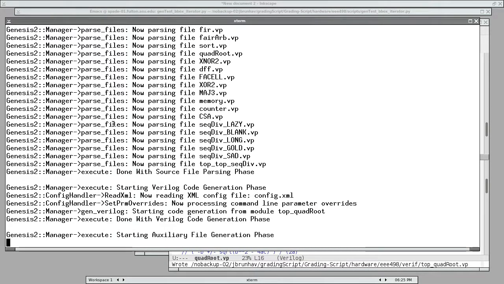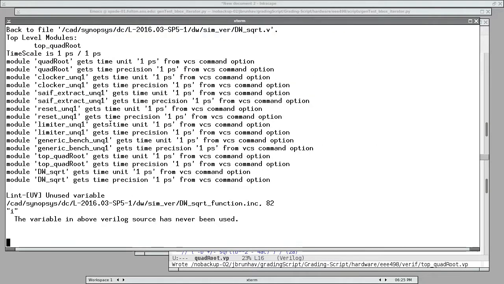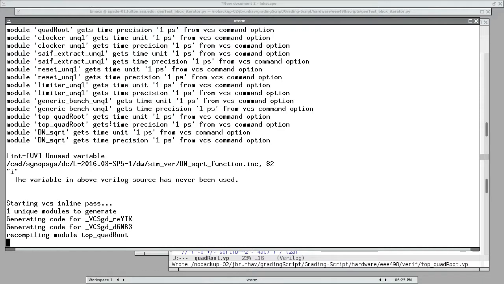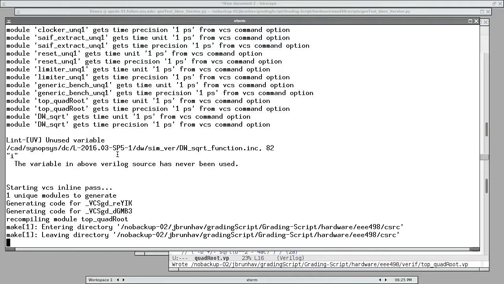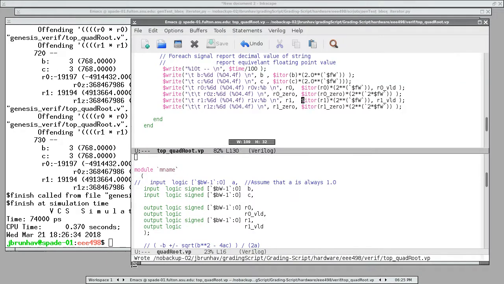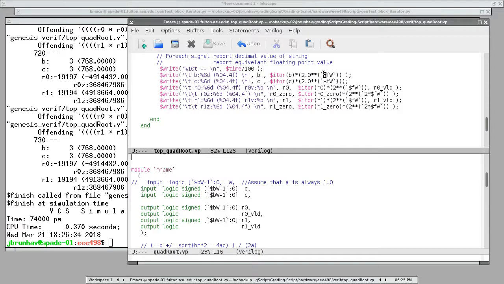Welcome. We are slowly but surely debugging our QuadRoot unit that does not currently output sensical values. We forgot to make these negative, so they are all way too big.